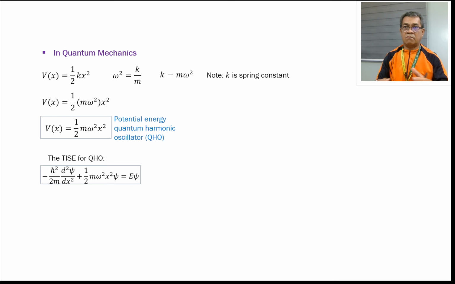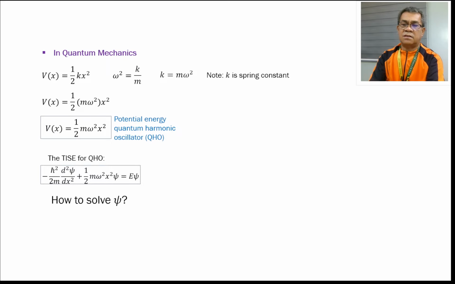That's why we come up with a separable equation, and we derive the TISE. Please refer to our previous topic. So therefore the system is still in stationary states, so we have the stationary wave functions and their corresponding stationary energy levels.